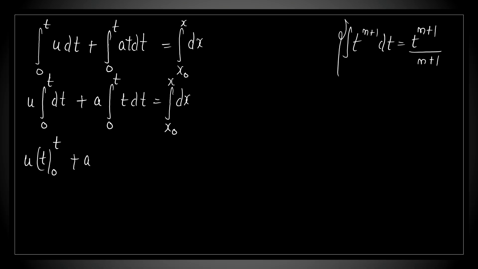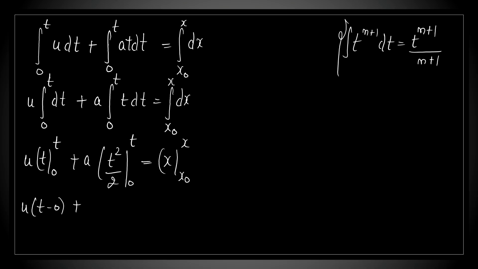Then here t power is 1, so we get t square upon 2, limits 0 to t, equal to integration of dx, which is x, limits x naught to x. Then putting limits in the equation: u times t minus 0, plus half a, limits t square minus 0, equal to x minus x naught.